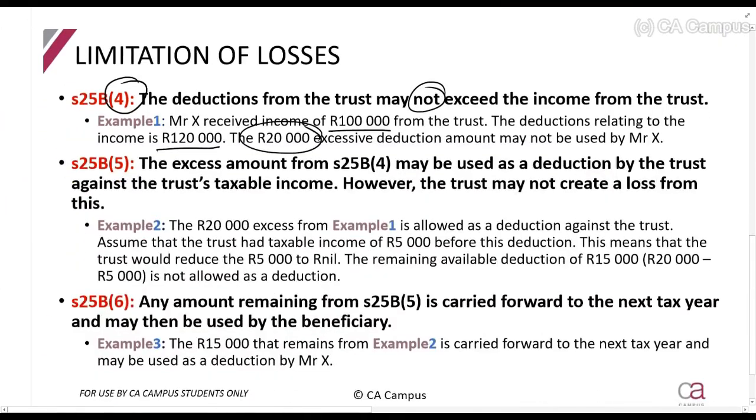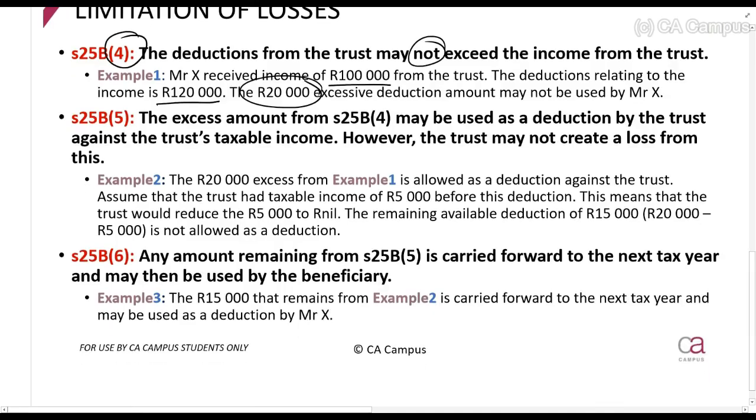They say the excess amount, so that 20,000 rands, may be used as a deduction by the trust against the trust's taxable income. So if there is any other taxable income in the trust, they can then use that. For example, in example 2, it says, assume that the trust had taxable income of 5,000 rand.